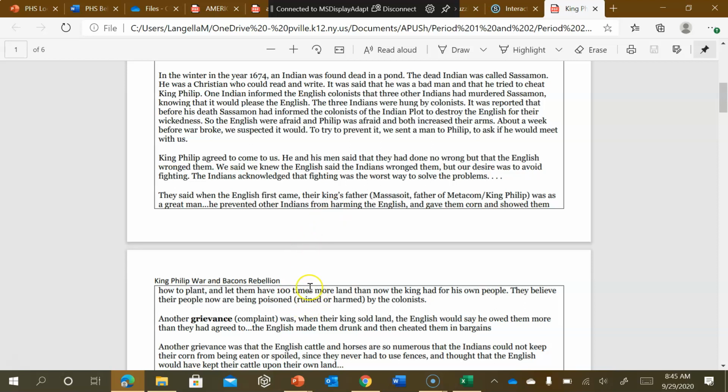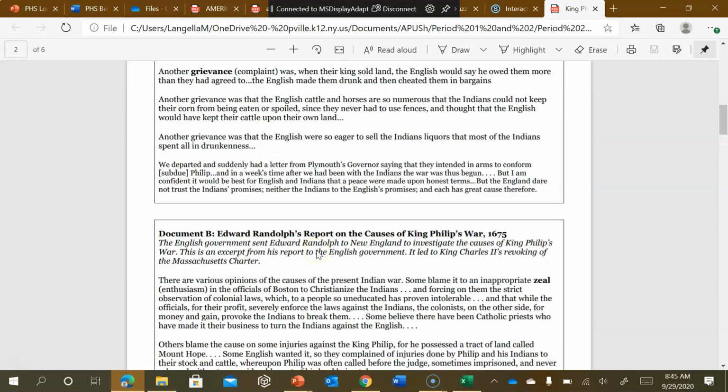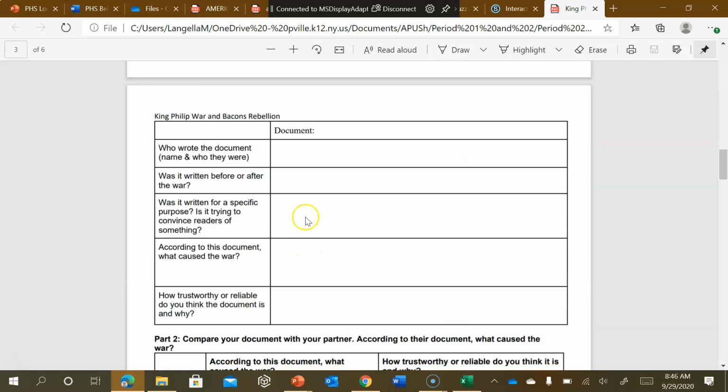He talks about his father being a pretty great guy, who stopped the native tribes from attacking the colonists, and even taught them how to farm and hunt, and even gave them more land than they ever expected to get. And then all of a sudden, nowadays they are treating them poorly. They're trying to take more land. They're blaming him and his group for a list of reasons. So it tries to show really the tension here.